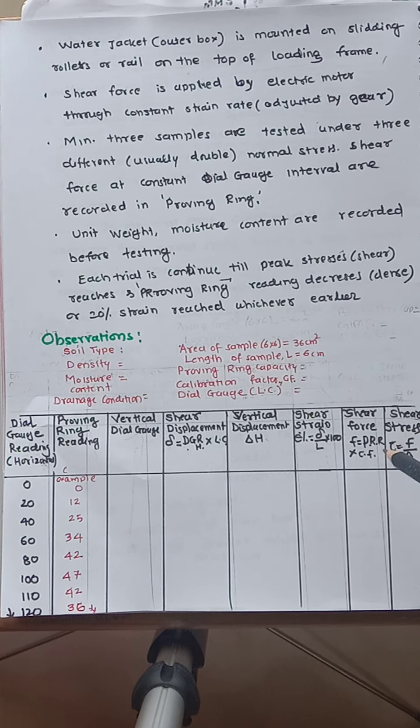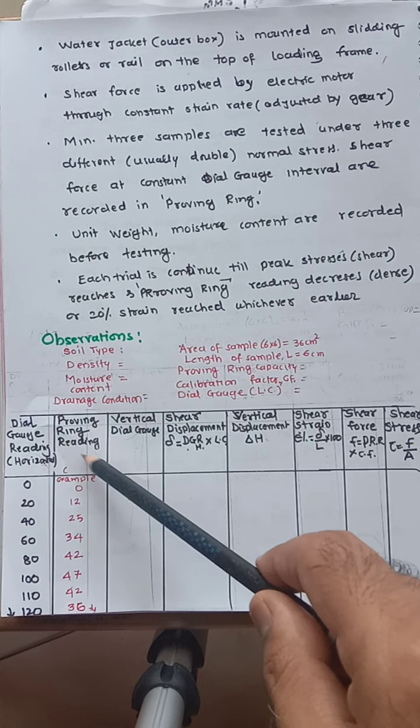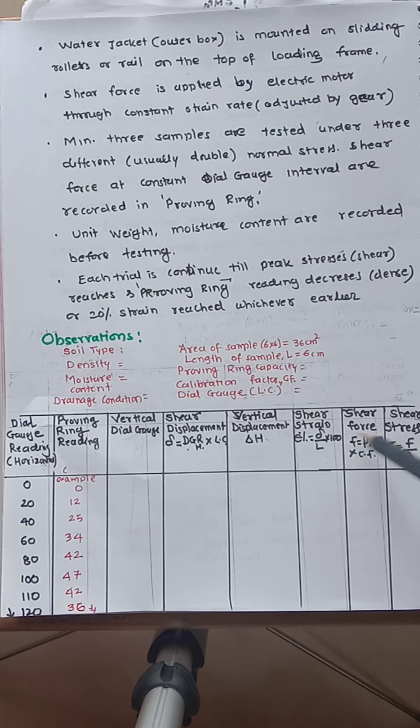Then you convert the proving ring reading into force: the proving ring reading multiplied by the calibration factor gives you the shear force. The shear force is divided by the fixed area, 36 centimeters square, and you get the shear stress in kg per centimeter square.